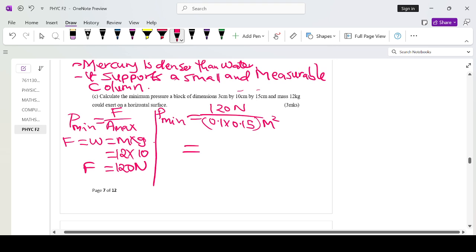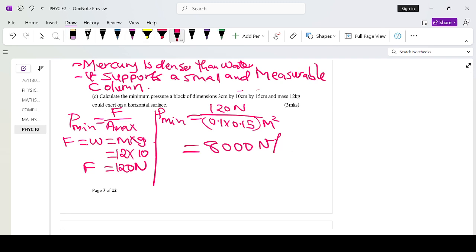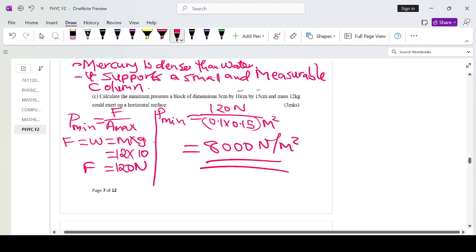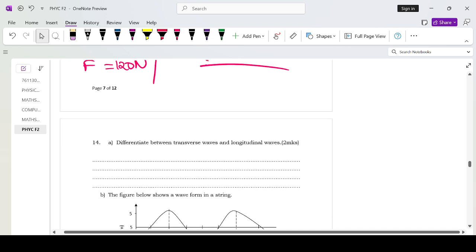When you divide, that gives you 8,000 newtons per square meter.